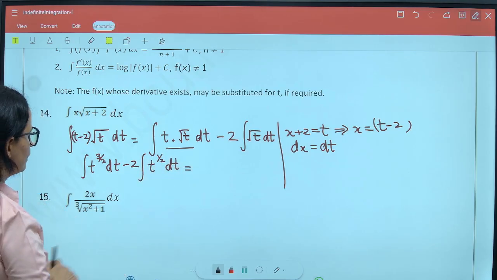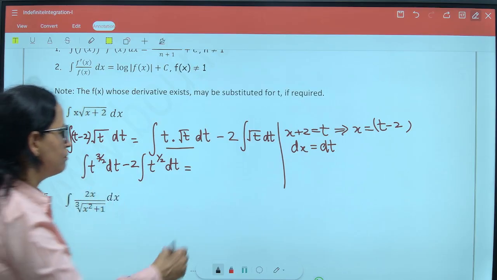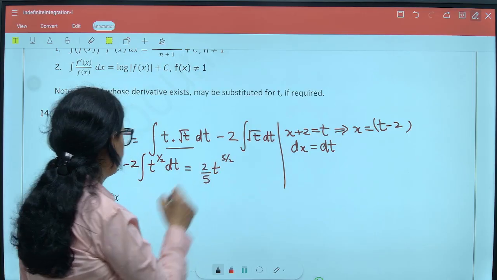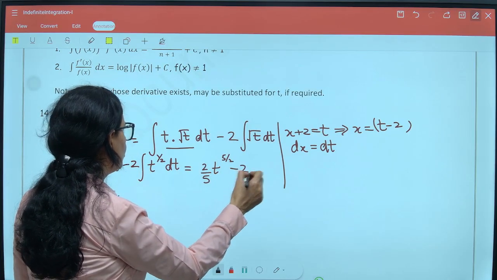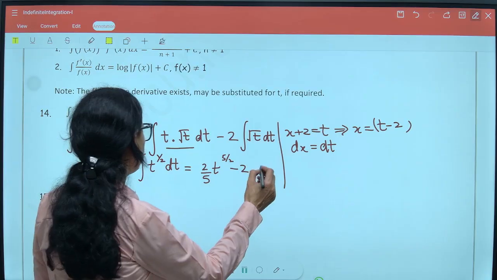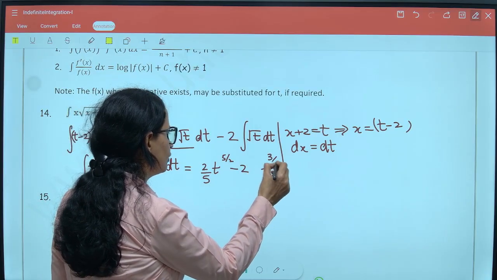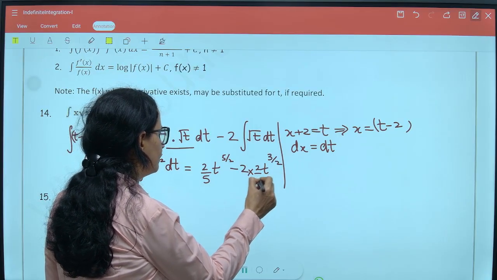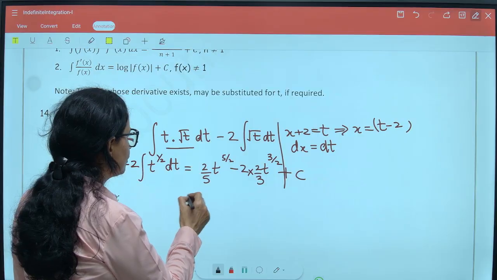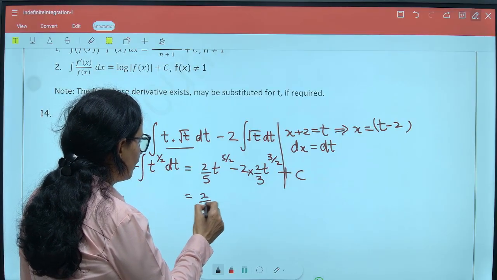Now how do you integrate this? t to the power 3 by 2 becomes t to the power of 5 by 2 and you have 2 by 5 by the side. Minus 2 t to the power half. Half plus 1 is 3 by 2, so it becomes t to the power 3 by 2 and you have 2 by 3 by the side, plus the constant of integration. So the answer becomes 2 by 5.